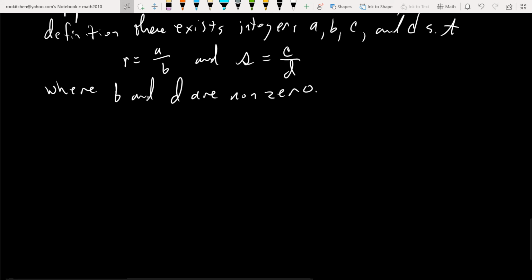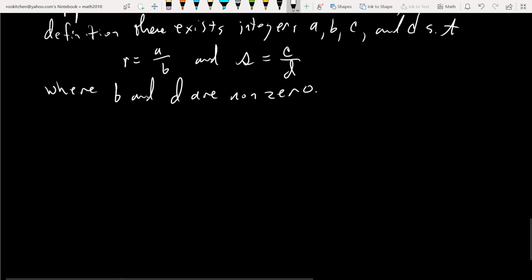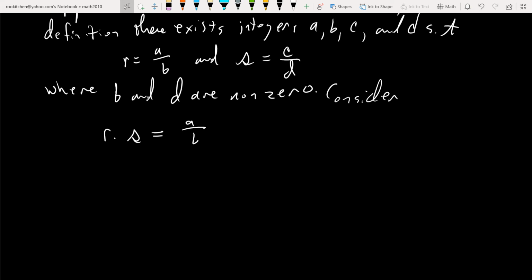Next, we'll consider where we want to end up, right? So consider what is r times s. By substitution, that's equal to a over b times c over d.